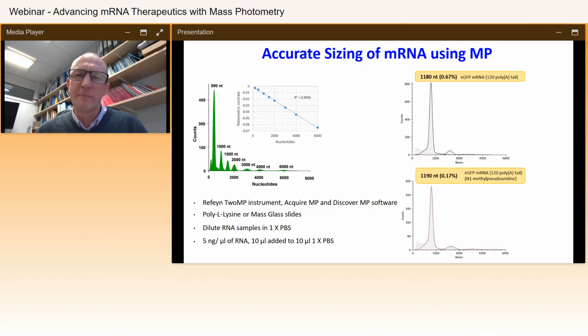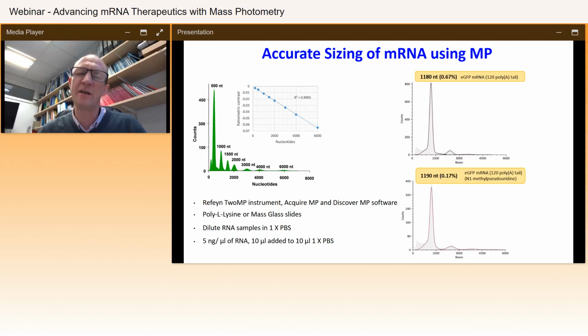So when it comes to using mass photometry, we essentially can use the RNA ladder, as we showed before, to generate a calibration curve based on that RNA ladder, and then analyze our mRNA molecules of interest. So there's the example for the RNA ladder, from 500 nucleotides all the way up to 6,000 nucleotides in length, generate a calibration curve, and then apply our mRNA molecule of interest, in this case EGFP mRNA.